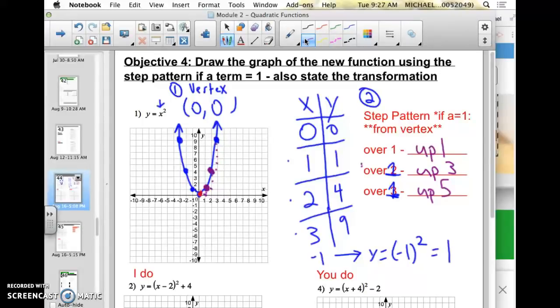So the step pattern then, if you can remember that you go over 1 from the previous point that you've made, you go up 1, up 3, up 5. And again, it's based off of the perfect squares. Because if you bring it back to the vertex, the first move you make is over 1, up 1. And then if you go back to the vertex again, the second move you make is over 2, up 4.